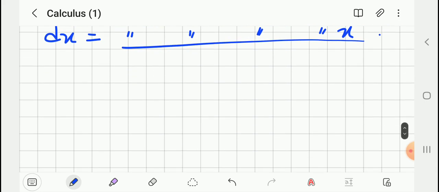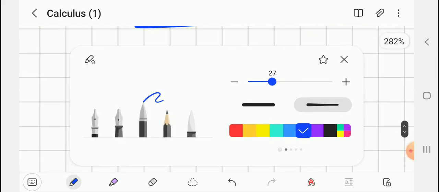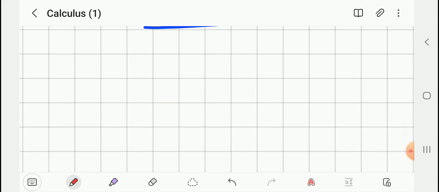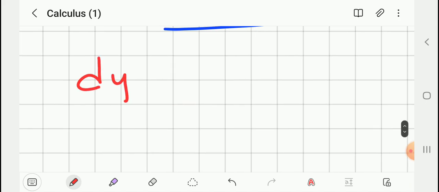So when we write dy by dx, we mean a very small change in y with respect to a very small change in x.